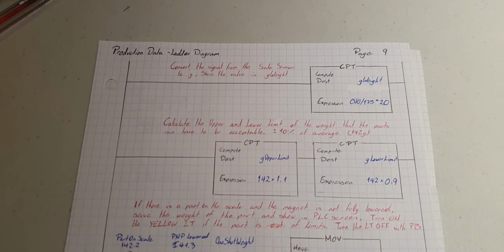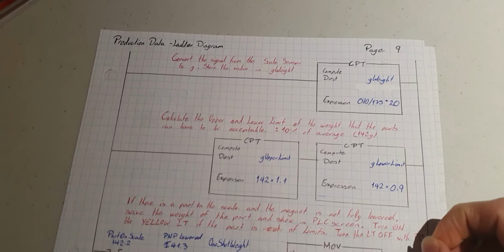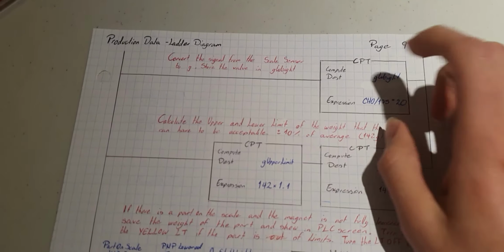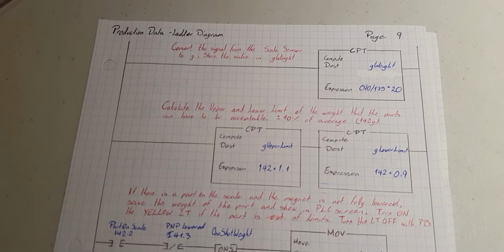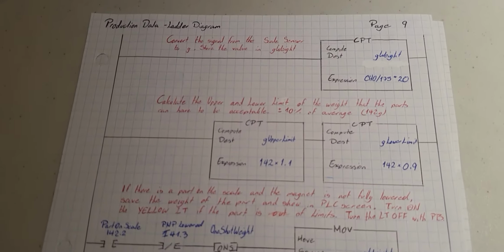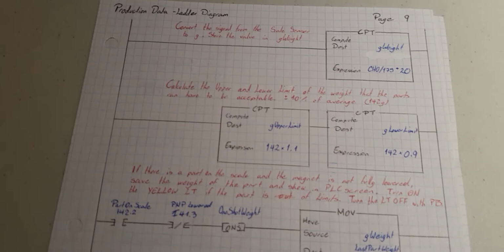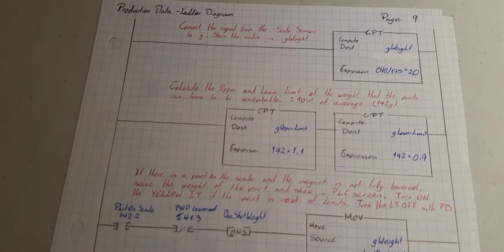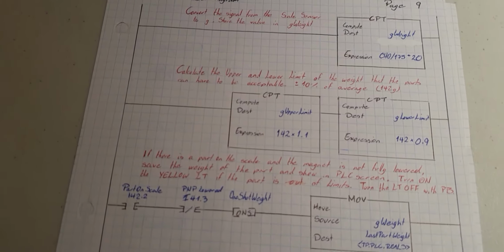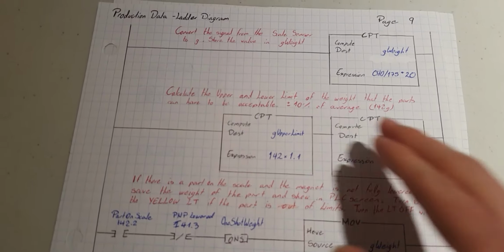The first part, the idea is to get a value in grams from the scale sensor. That's why I have the compute block there. We were told that the average value for that sensor was 142, so I use two compute blocks to calculate the upper limit and the lower limit.